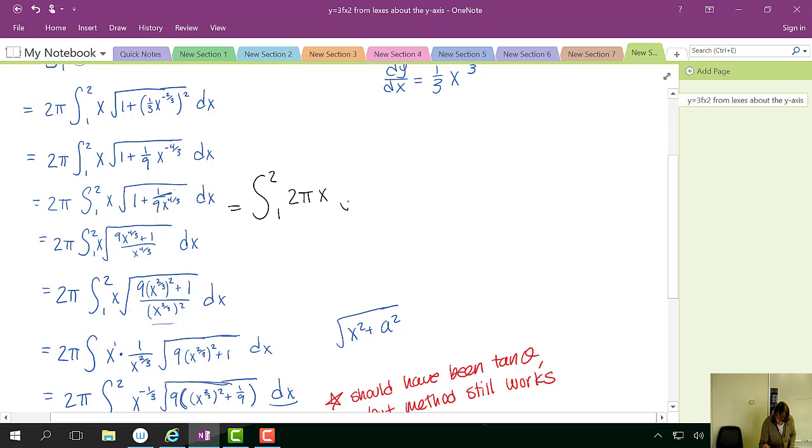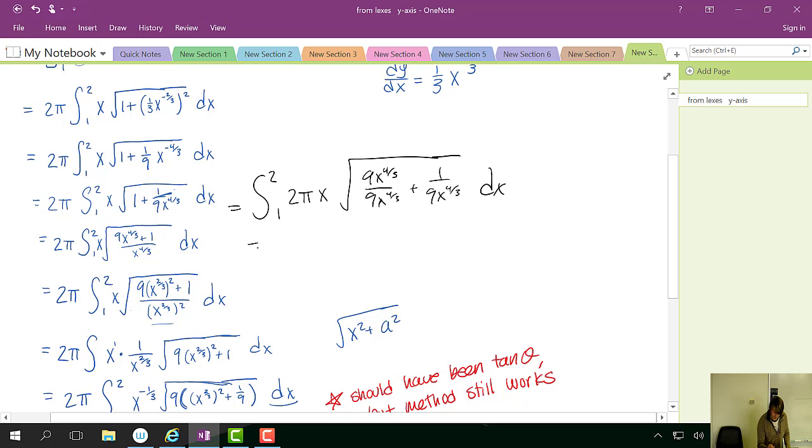Basically, I just wanted to add these two fractions together. So first thing I do is I convert 1 into 9x to the 4/3 over 9x to the 4/3. That plus 1 over 9x to the 4/3 dx. So let's see, tops add together, 9x to the 4/3 plus 1, and then bottoms come together, so x to the 4/3. So that was how I got to this step right here.